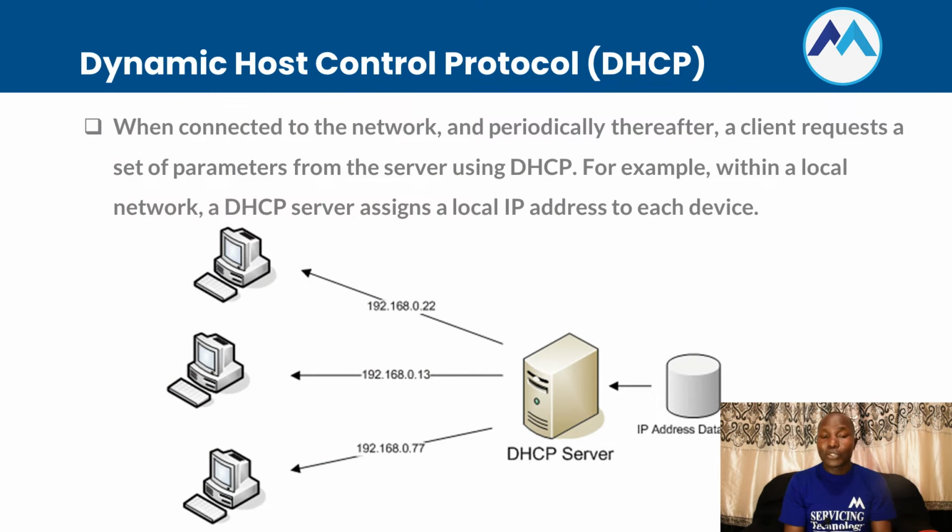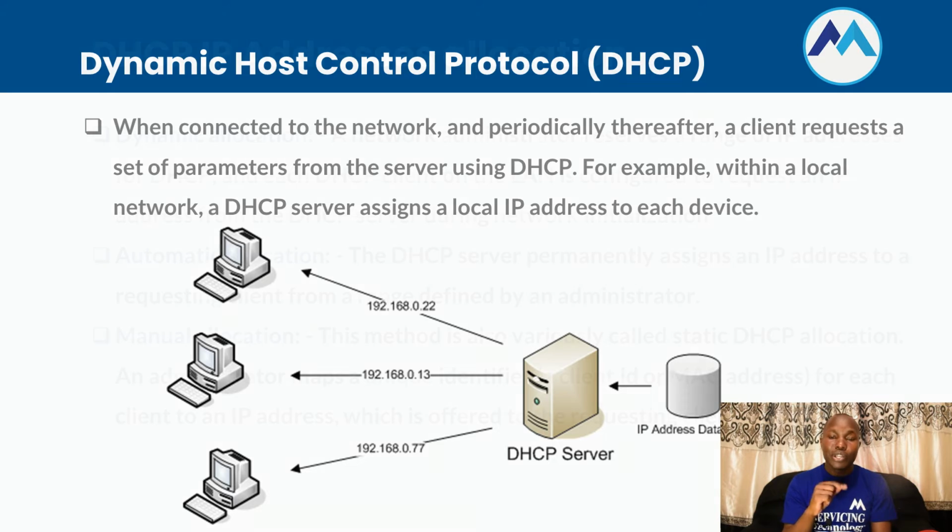When connected to the network and periodically thereafter, a client requests a set of parameters from the server using DHCP. For example, within a local area network, a DHCP server assigns a local IP address to each device.